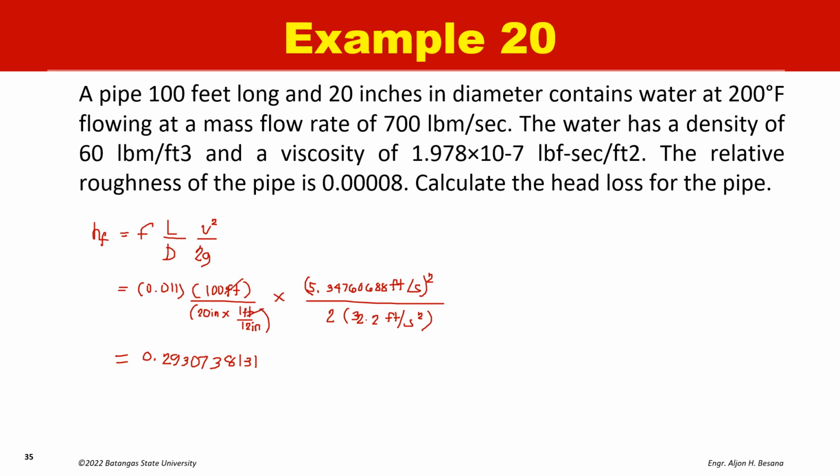Then here a second squared, feet squared, feet. Then this is in feet. So our head loss due to friction, or our frictional head loss, is simply equal to 0.2930738131 feet. And that's the head loss for the pipe.